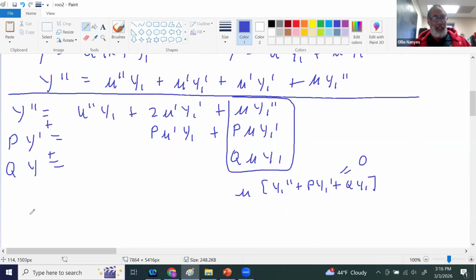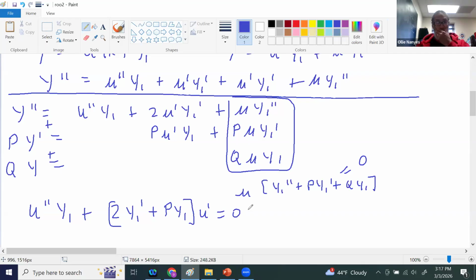So now what we get is u double prime y1 plus, now we got this here, 2 y1 prime plus p y1, all times u prime, and that has to be 0, all right?